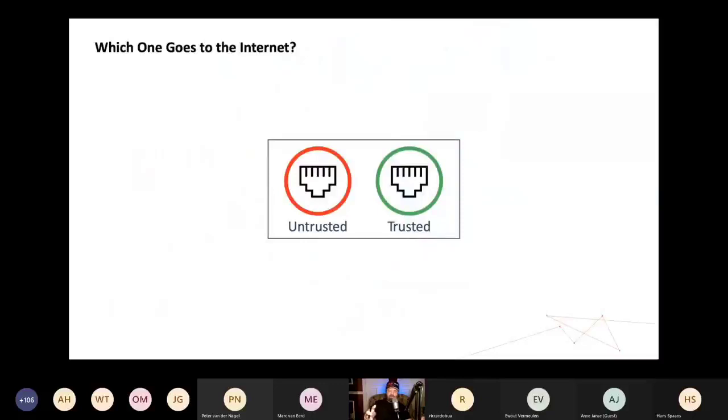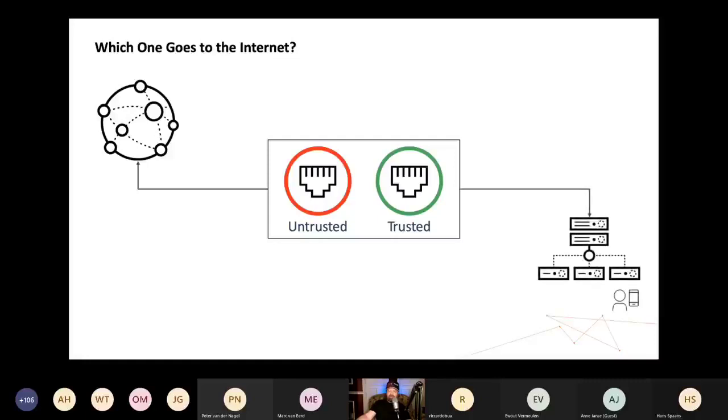So when we look at this broken trust model where the untrusted side of the network went to the evil internet and the trusted side went to your internal network, the things you controlled, hey, that feels like it should work, except it doesn't, because we all know that malware can cross this ephemeral trust boundary and get on the other side of your network. Well, what's malware? Malware is a group of packets.